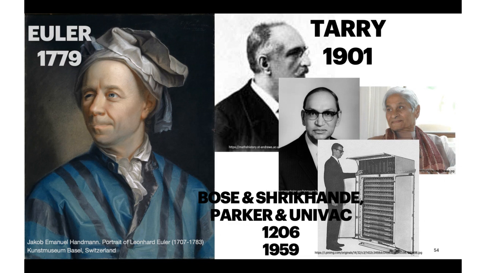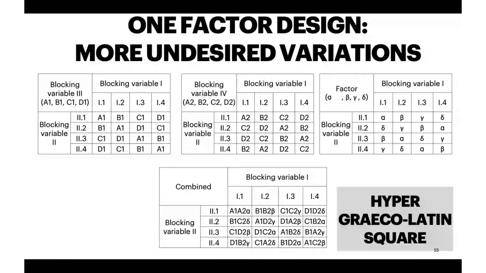But let's get back to our experimental design. We agreed that if you have two undesired variations, you have a Latin square. If you have three undesired variations, we have a Greco-Latin square.